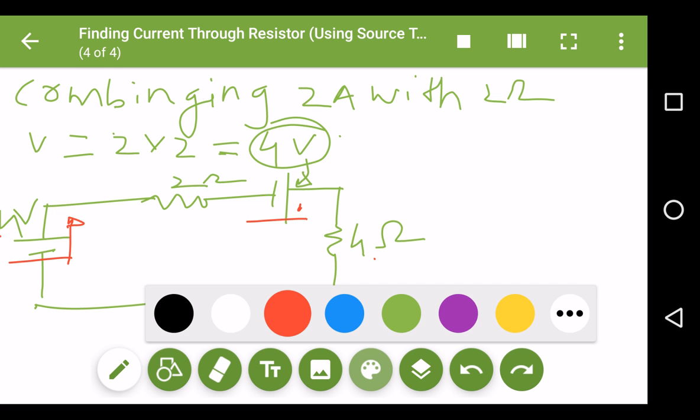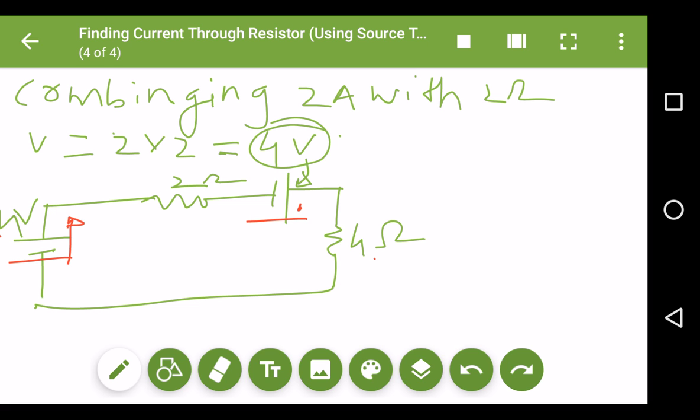So you can see over here this voltage source is negative in this direction and positive in this direction, hence the two voltage sources get added to each other. So the total voltage becomes 4 plus 4, which comes out to be 8 volt.